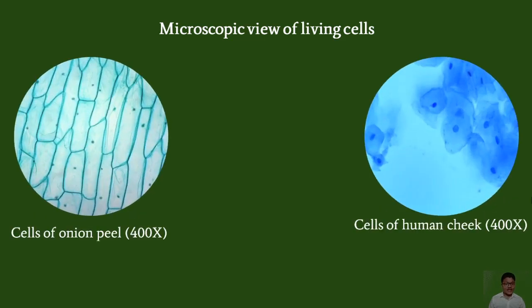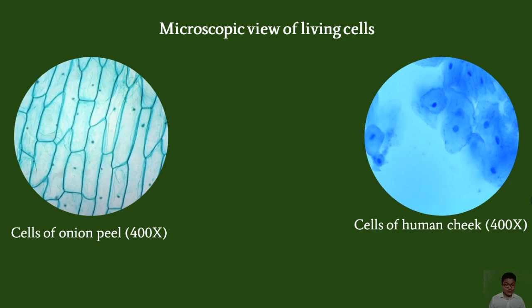Now, if we observe eukaryotic cells, say in the case of onion peel cell, or if we observe human cheek cell, then we are able to see such microscopic images.